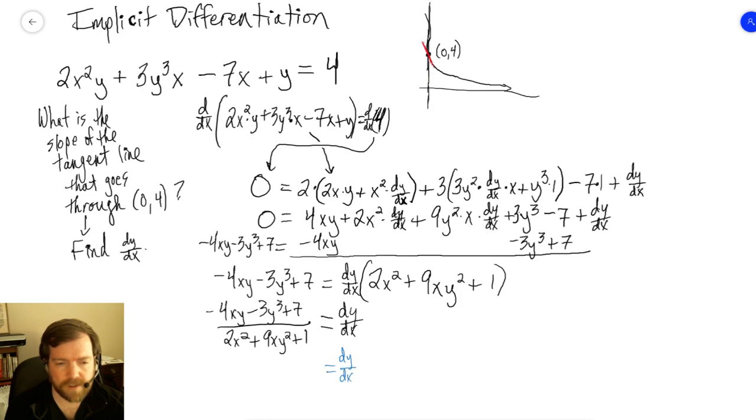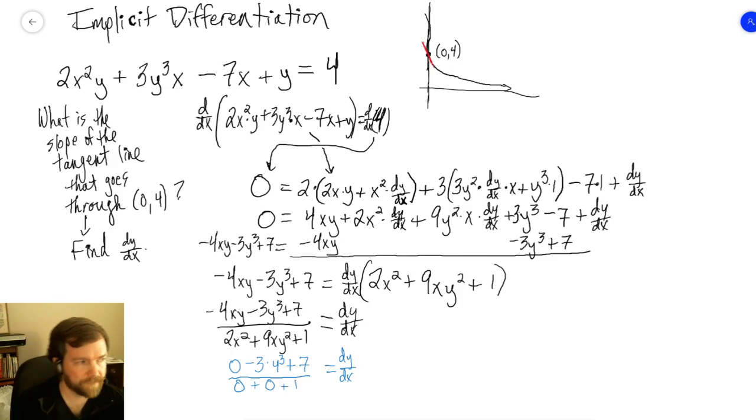So dy dx is equal to, here we have 4 times 0 is going to be a 0, minus 3 times y is 4, and that's going to get cubed, plus 7 divided by 0 plus 0 plus 1. Yep, big number. Negative direction, but still big.